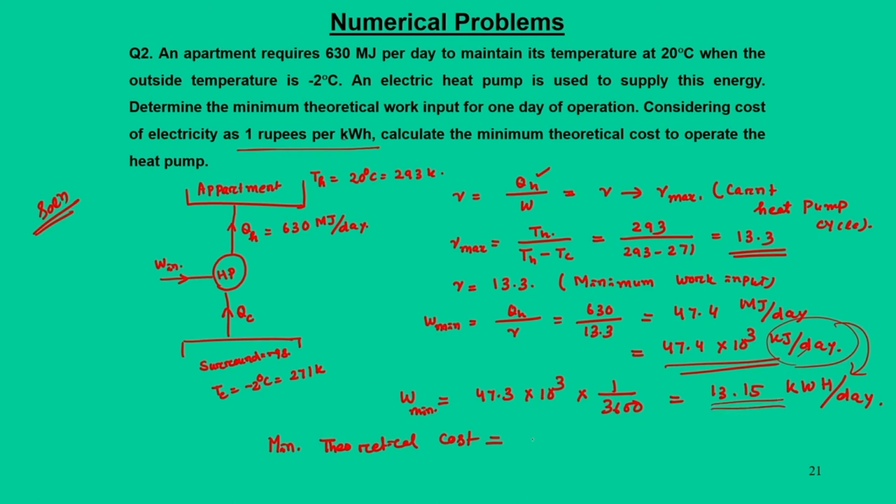So, the minimum theoretical cost C would be 13.15 rupees per day. This is how we can calculate it, and you can just multiply with 30. So, we can say this is the monthly electricity billing for running this heat pump.